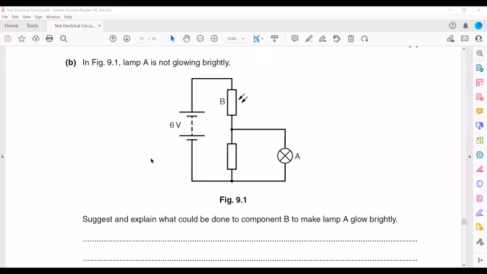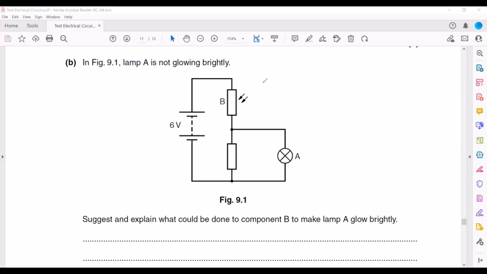Figure 9.1, lamp A is not glowing brightly. Suggest and explain what could be done to component B to make lamp A glow brightly. So what should we do? We want more voltage across the lamp here. This is a thermistor, and this is a light dependent resistor, LDR.